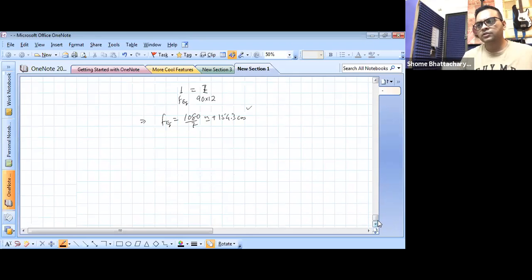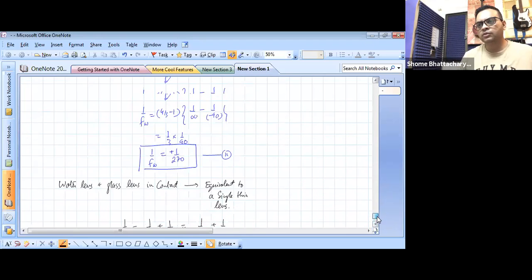Now let's see the calculation of the individual lenses first, then we'll come to the equivalent.